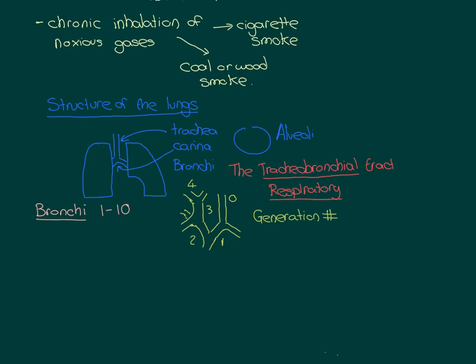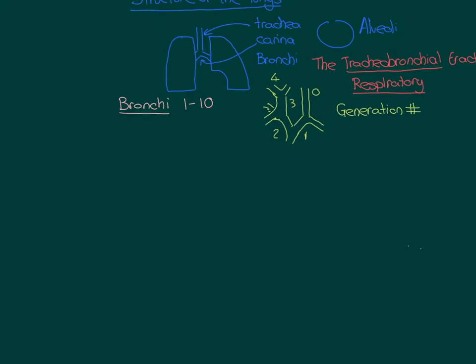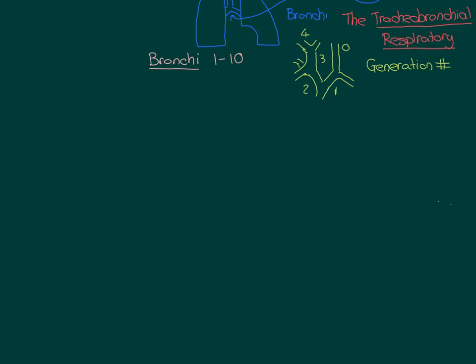Okay, so let me now go through what the wall structure then of a bronchus is. So I'll move this down like so, and we'll now draw the histological structure. So I think we'll begin on the inside and then we'll work outwards. So beginning with the innermost layer then, the innermost layer of the bronchial wall is made up of ciliated columnar epithelial cells.